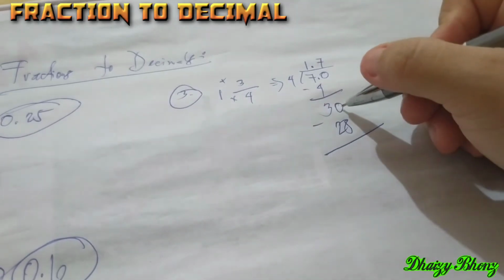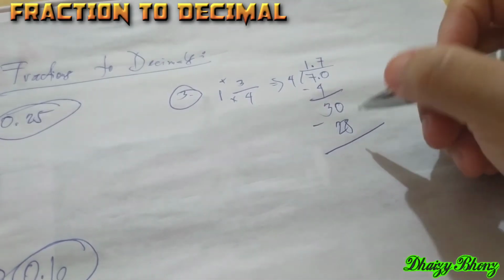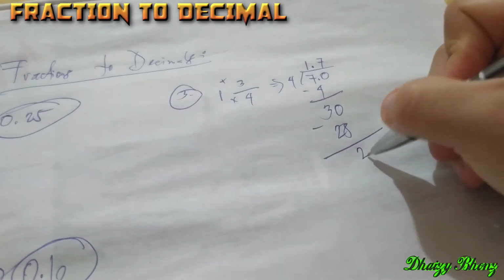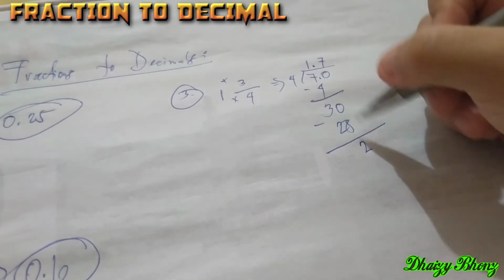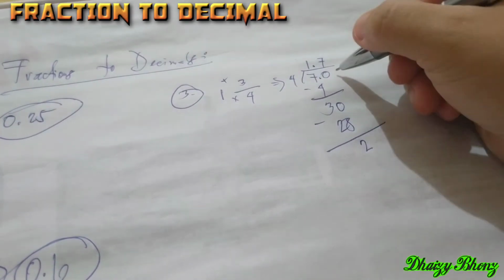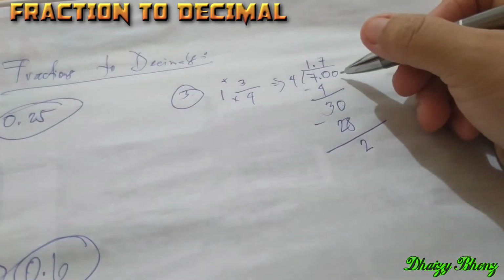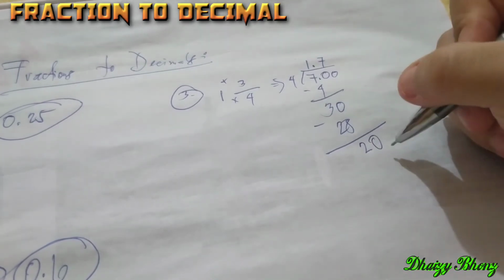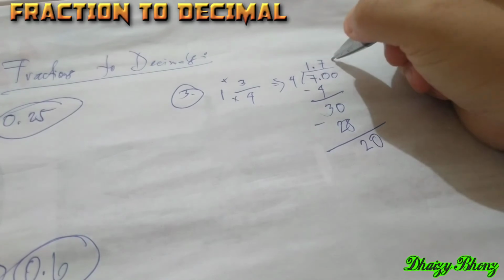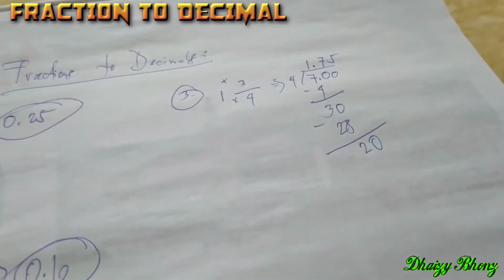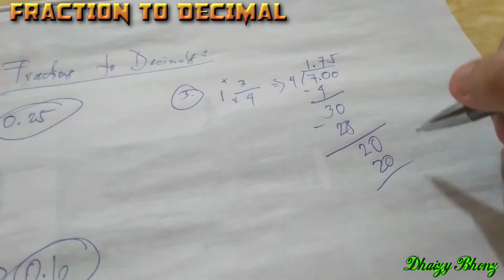And then, 30 minus 28 is 2, right? And then, again, 2 divided by 4 cannot be. So, again, add another 0. So, bring down 0. And 20 divided by 4 is 5. So, 5 times 4, exactly, we have 20.